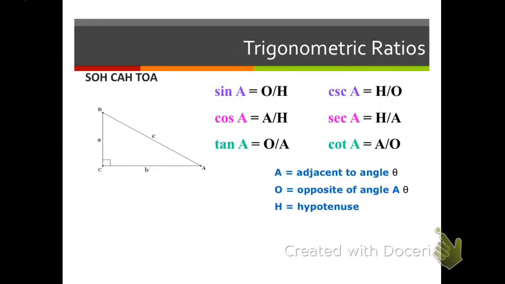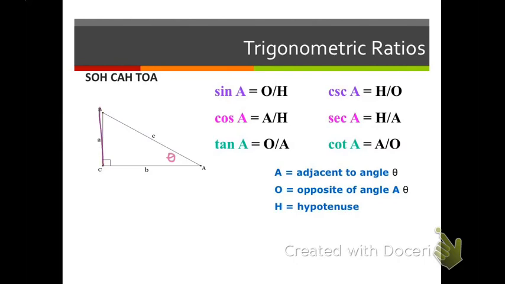Alright, so let's make our little theta here. If theta is down there at angle A, sine is the opposite side over the hypotenuse. Actually, let me use the colors already there.